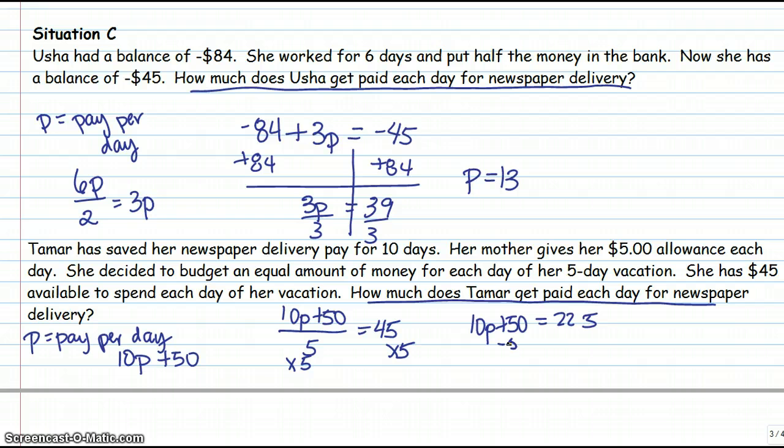Now I'm going to subtract 50 on both sides. 10p equals, and when I subtract 50, we're going to be getting 175. If I divide by 10 on both sides, that means that her pay is $17.50 per day.